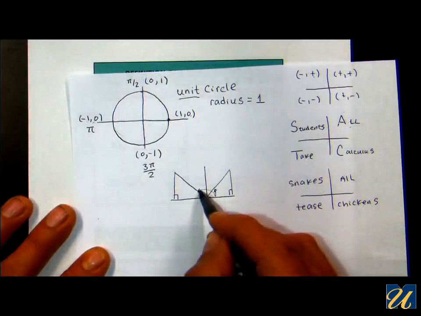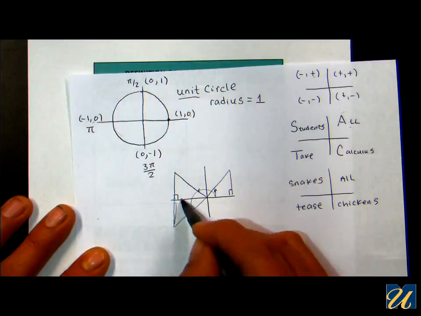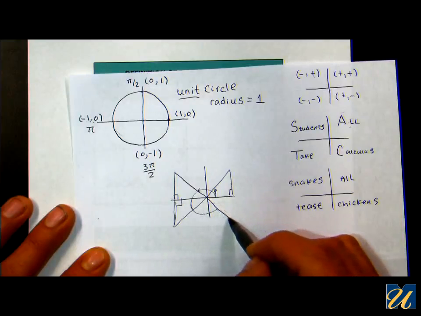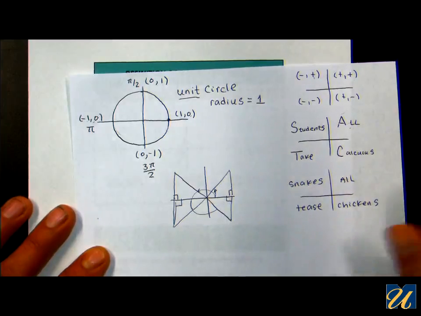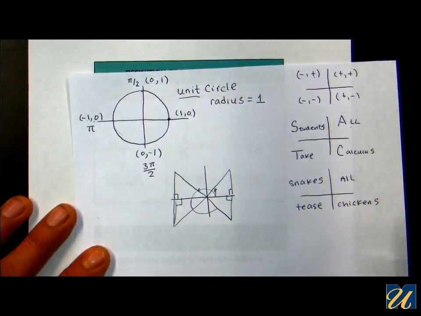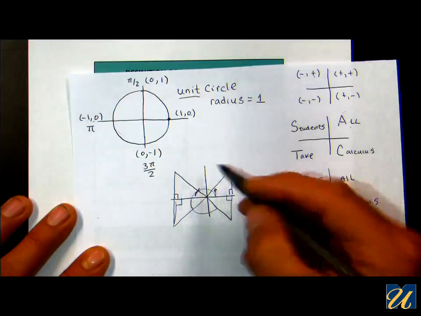And if you rotate all the way over to quadrant 3, then again, perpendicular to the x-axis, and if you rotate to quadrant 4, again, the right triangle is formed perpendicular to the x-axis.